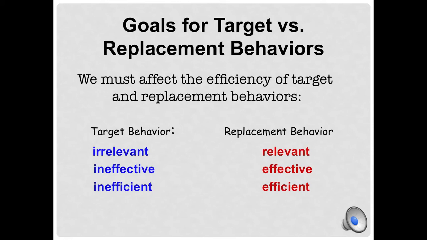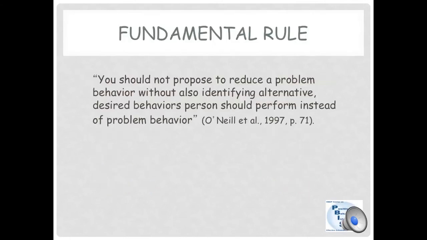Replacement behavior is what we want to define to take the place of the problem behavior. If you think about the target behavior, we want to make sure it's irrelevant, ineffective, and inefficient. The replacement behavior then should be relevant, effective, and efficient.